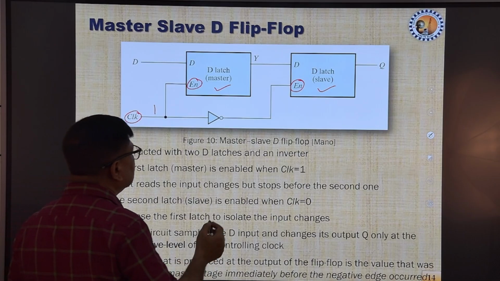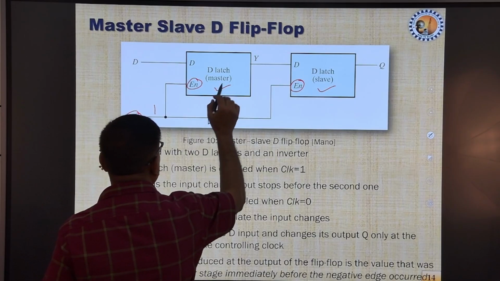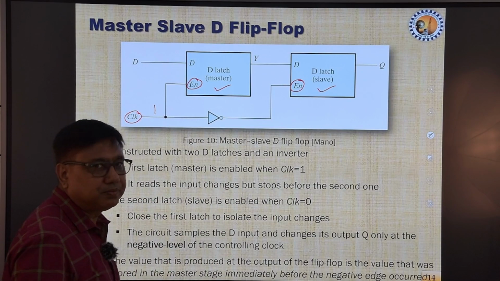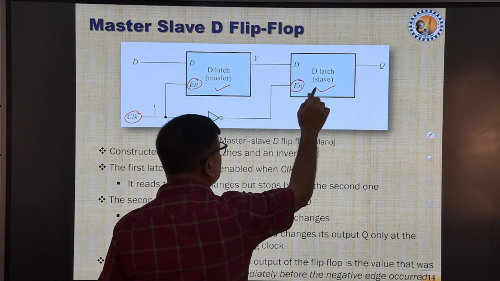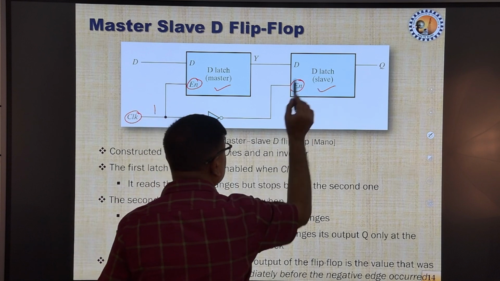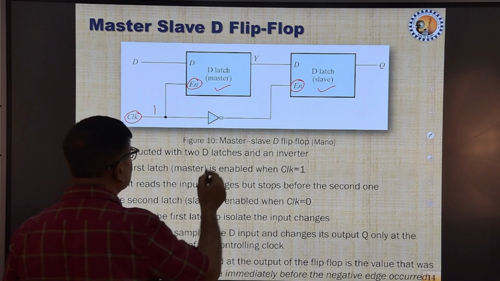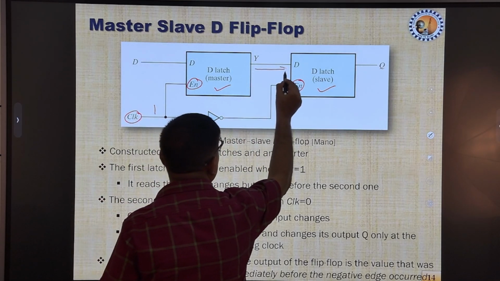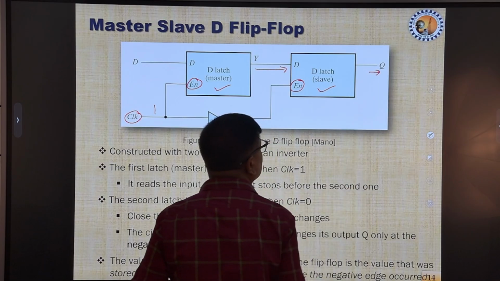So the slave remains in the silent state, and when the high period of the clock is over, the slave becomes active, and whatever has been stored in the master is passed to the slave, and as a result the output is available.